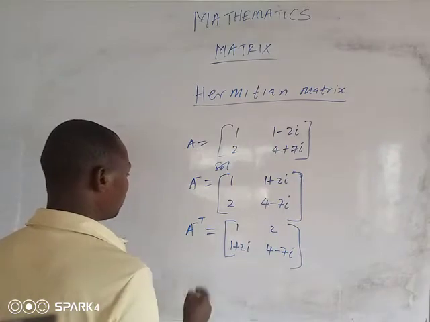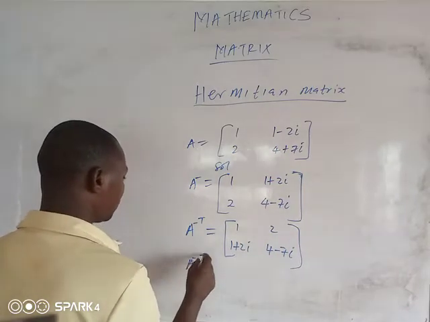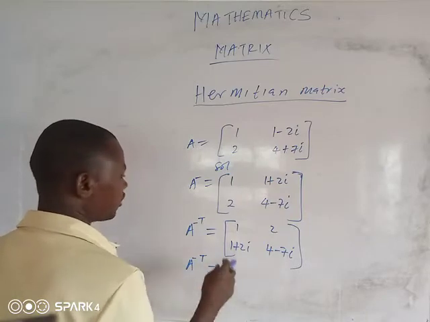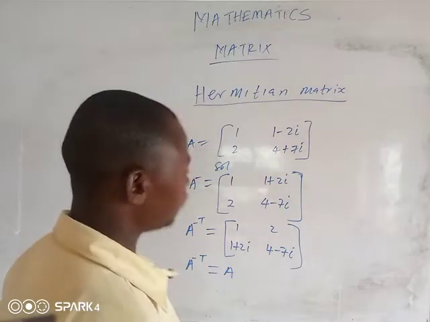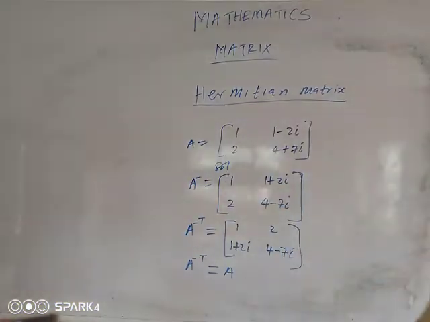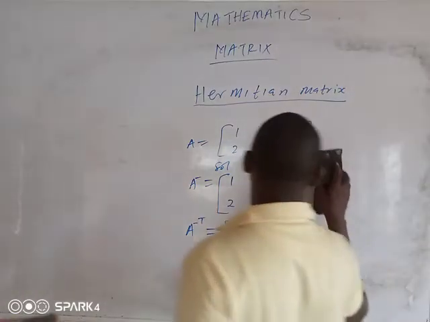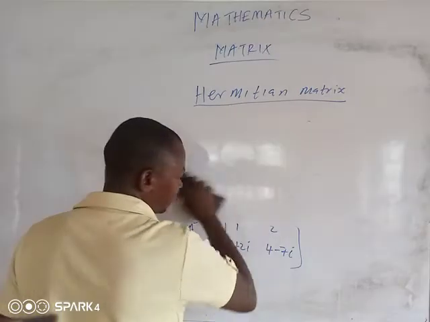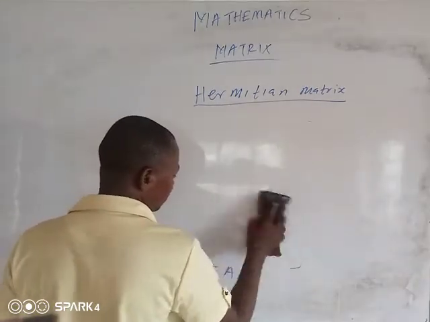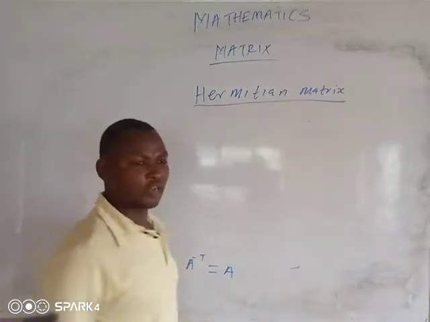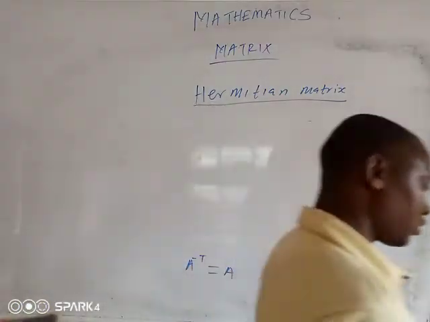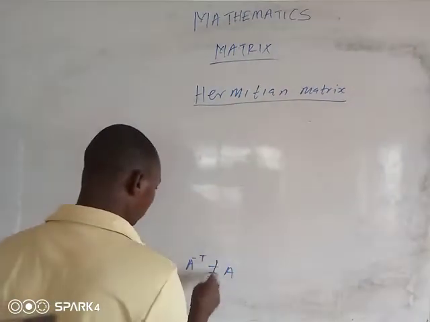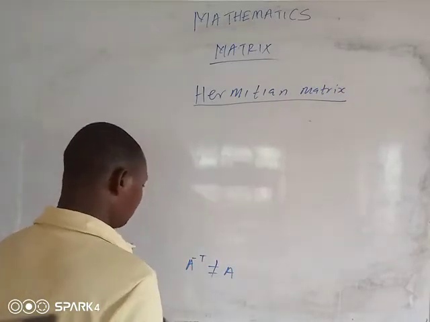So A bar transpose is not equal to A. So this is not Hermitian, because A bar transpose is not equal to A. That's what we mean by that.